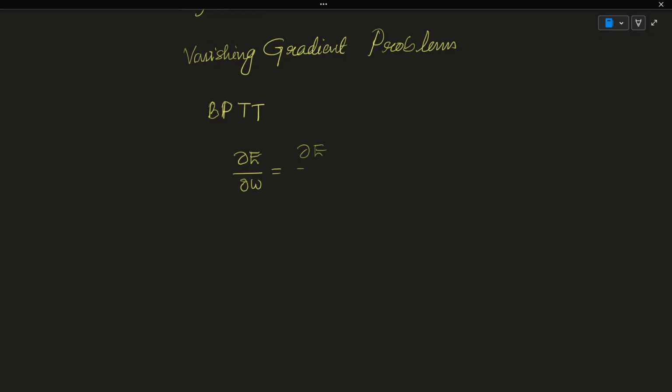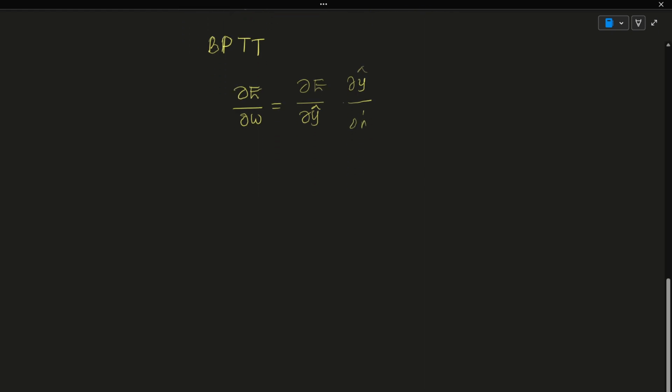I will just straight away write ∂Ŷ, and ∂Ŷ depends on ∂H3, and ∂H3 depends on ∂H2, ∂H2 depends on ∂H1, and ∂H1 depends on ∂W.